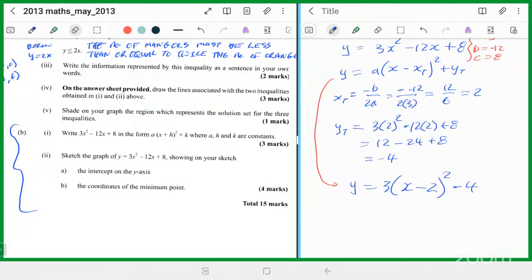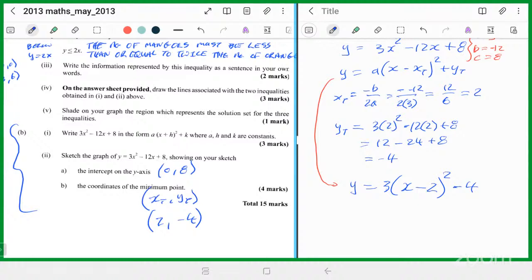Once I sketch it, we have to show the y-axis intercept, which we get from the constant value c there. So the y-axis intercept is 0, 8, and the minimum point is yt, which in this case is 2, negative 4.